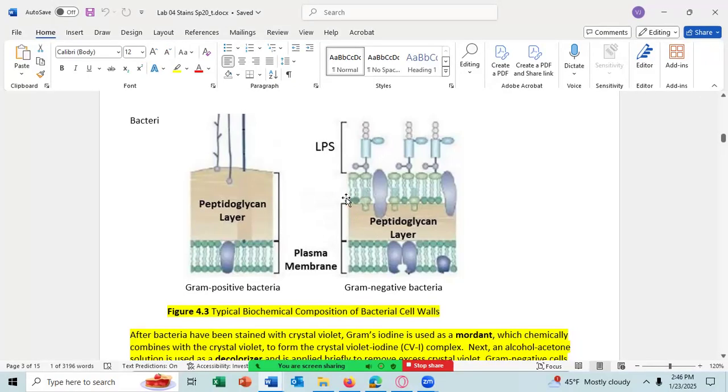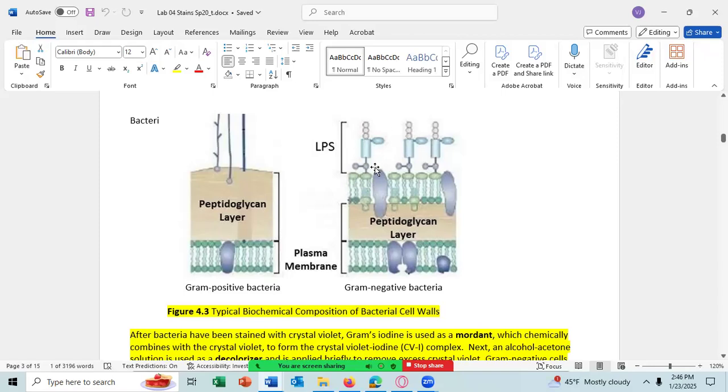And then it has this outer layer, which is similar to the plasma membrane. We call it the outer membrane of the cell wall. And it does have a phospholipid in it, which is the main molecule of the cell membrane. It does have some other molecules in it, and then it has this carbohydrate attached to it.